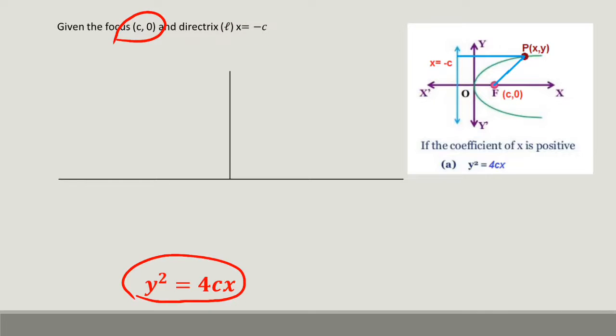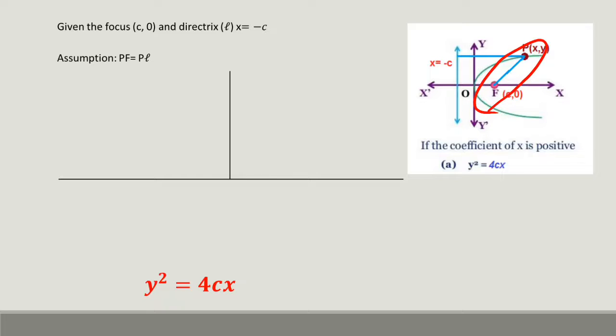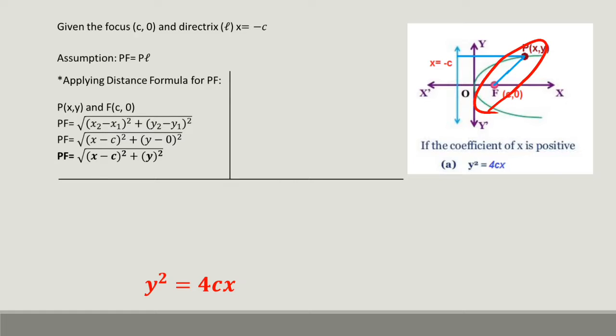So, ang gagawin natin, kukunin natin ang distance ng point P to point F using distance formula. Then, ang P i-assign natin as x sub 2 and y sub 2. Ang point F naman i-assign natin as x sub 1, y sub 1.